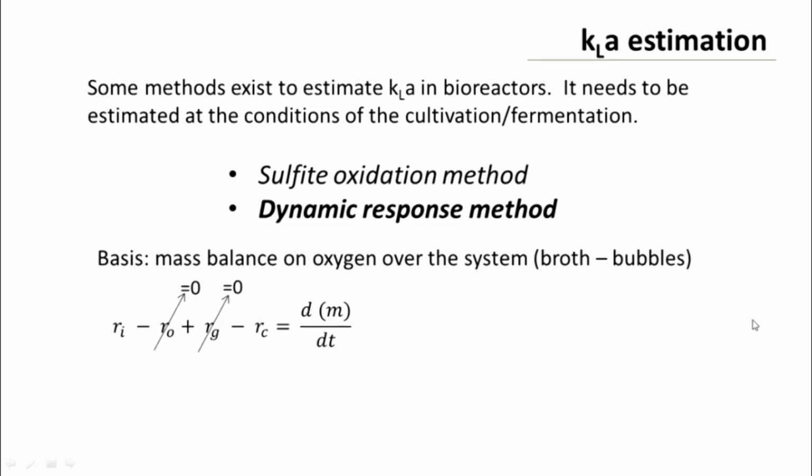The generation rate is 0, since no reaction is generating oxygen. The input rate we just saw was KLa (C_O2 star minus C_O2) times V. And if cells are present, the consumption rate can be given as QO2 times the cell concentration times the volume, equals the accumulation rate.